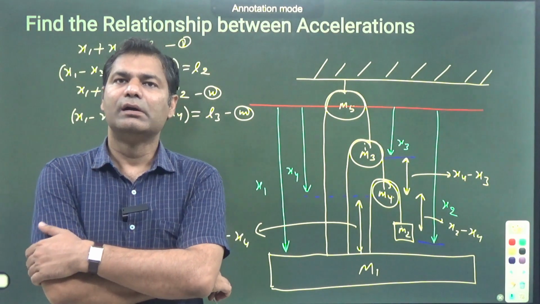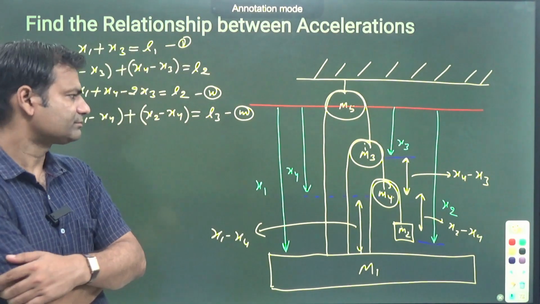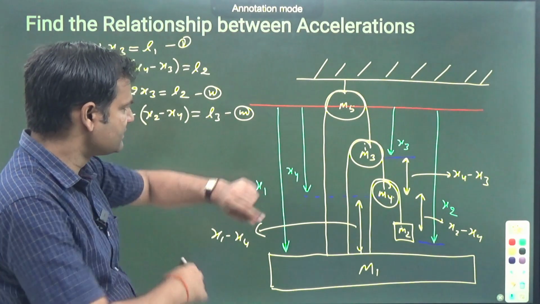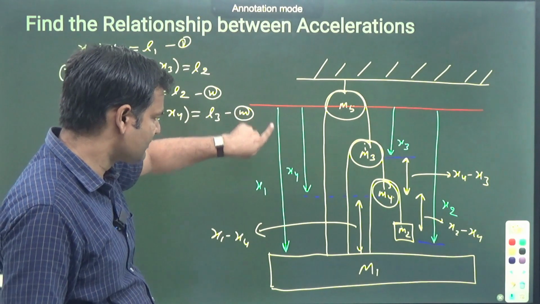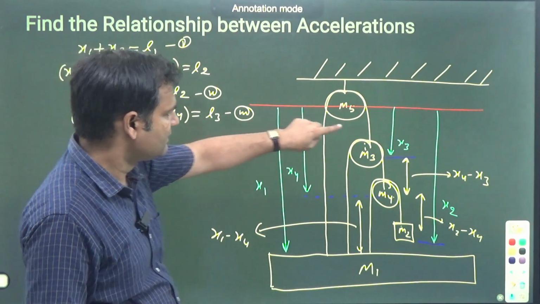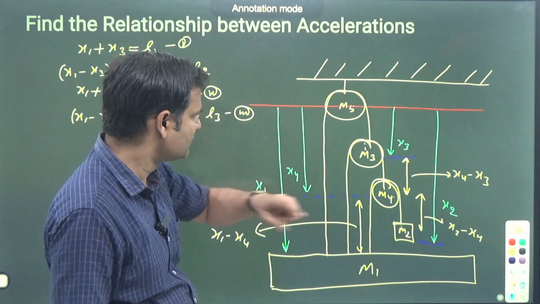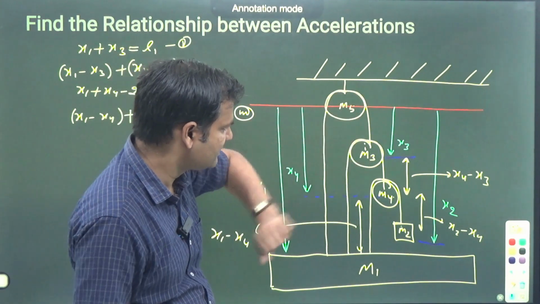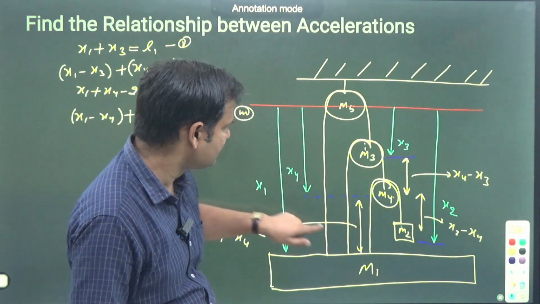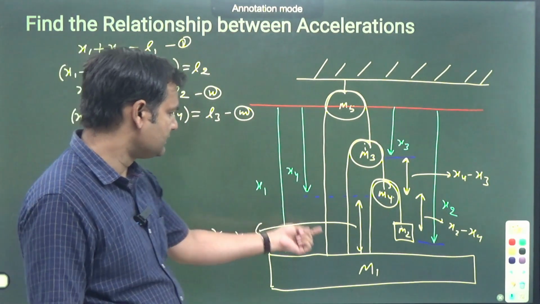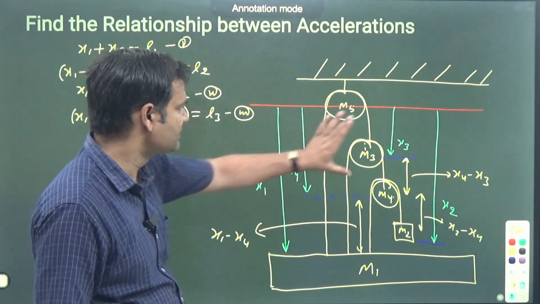Now next target. Clear? First of all, we have considered displacement corresponding to here x1, here x2, corresponding to mass m2 that is x2, corresponding to mass m3, x3, corresponding to that mass, x4. Okay. Now, what about this string length x1 plus x3?